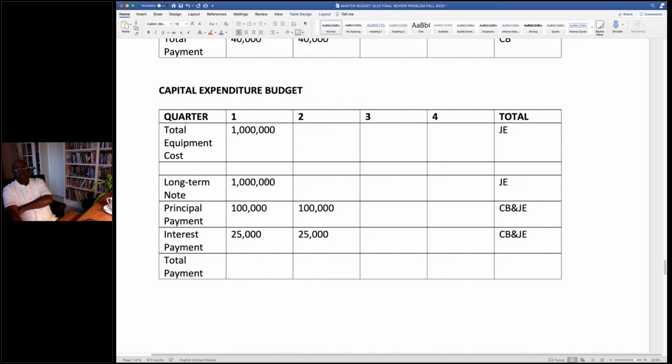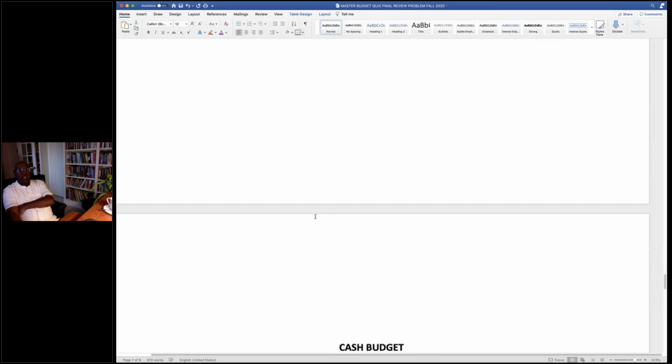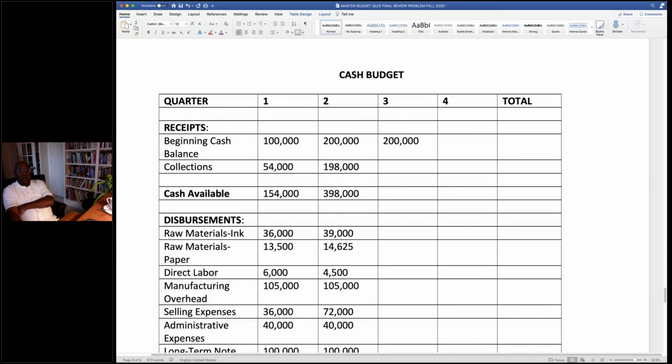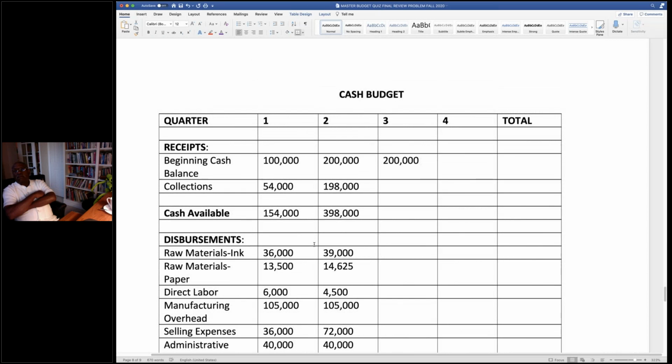If there's a down payment, that will be a cash item, but we don't have that. And so we simply have principal and interest. And you're done. So we're going to be able to do this tomorrow. Slowly but steadily.